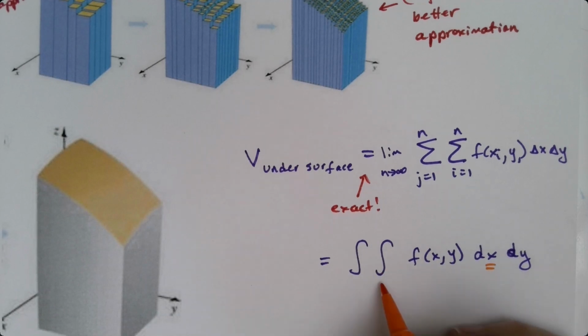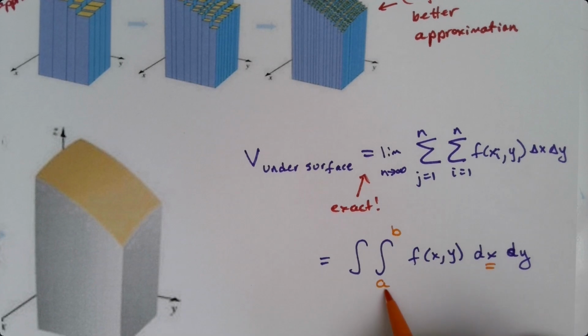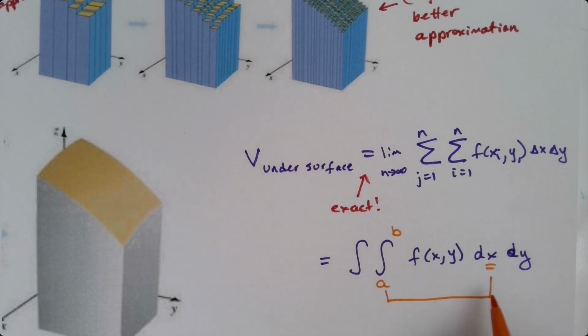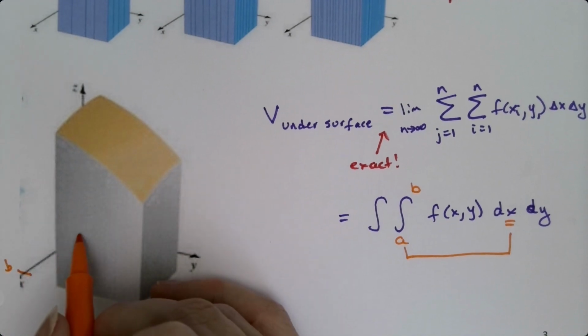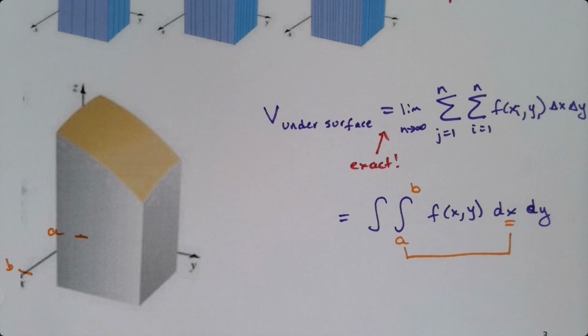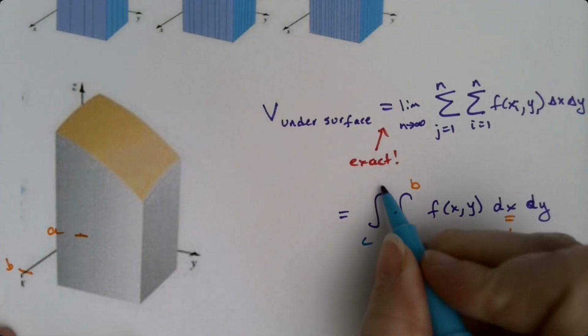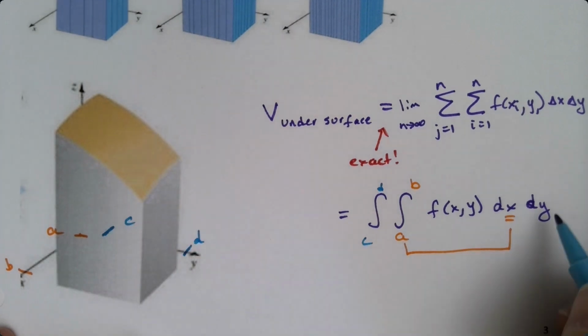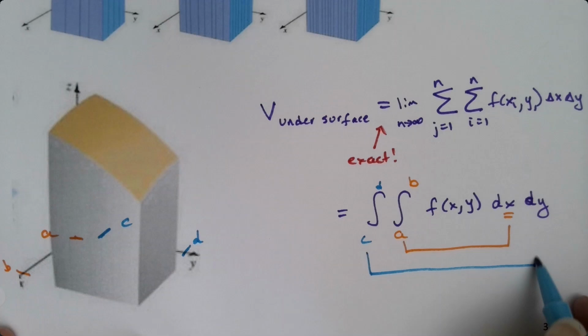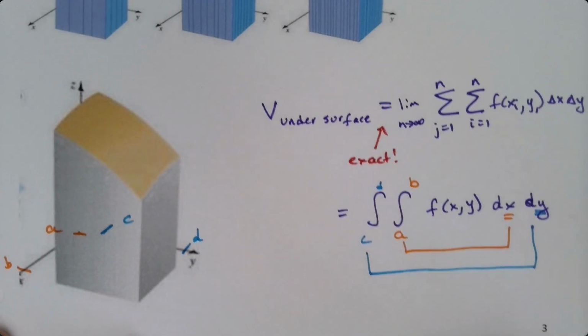It's like they're nested. So you'll say x goes from A to B. So those ones go together. Whereas B is here and A is back there somewhere in the x direction. And then your y value will go from C to D, where D is over here and C is somewhere back there. And that integration goes with that symbol.